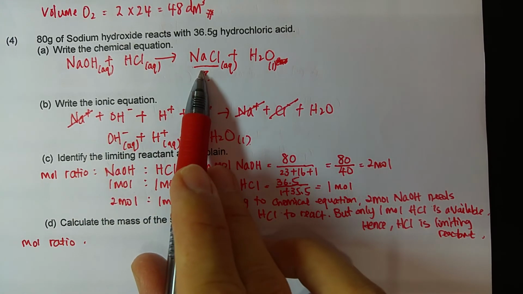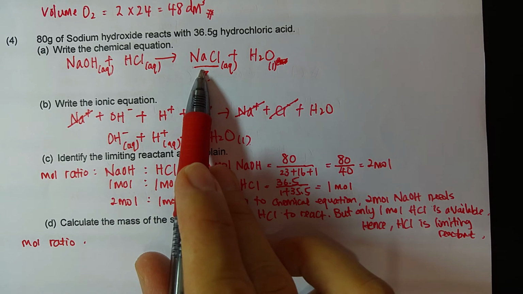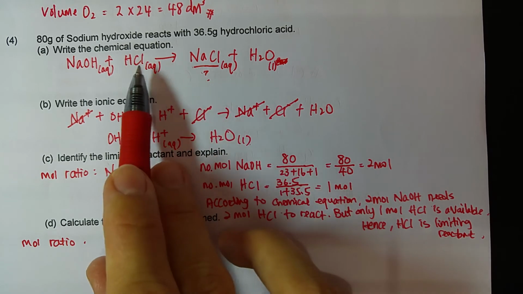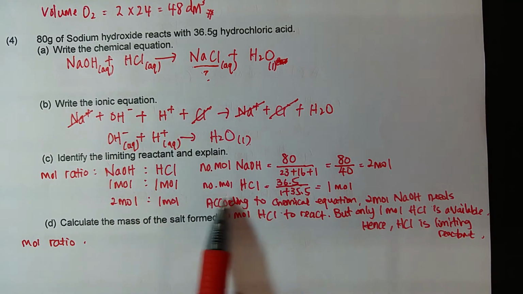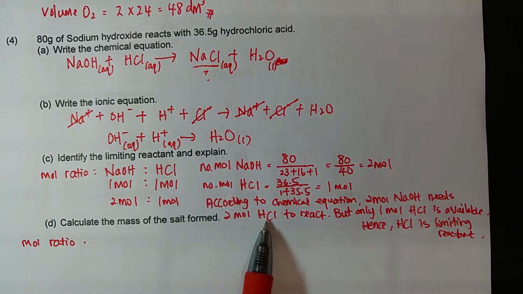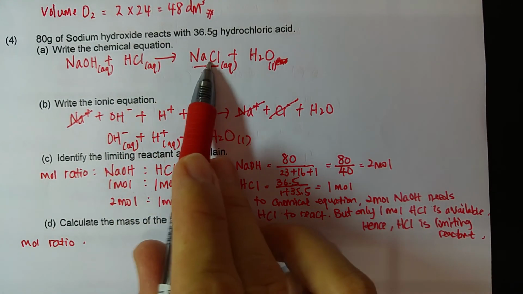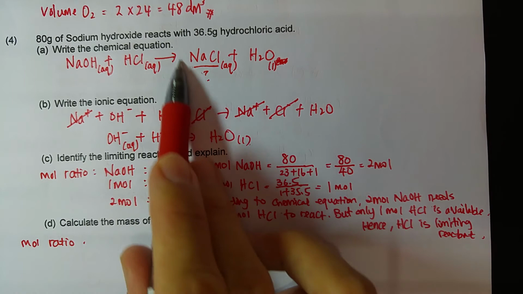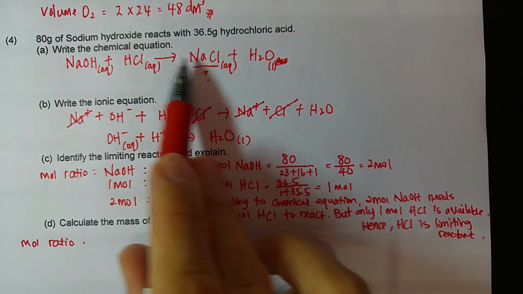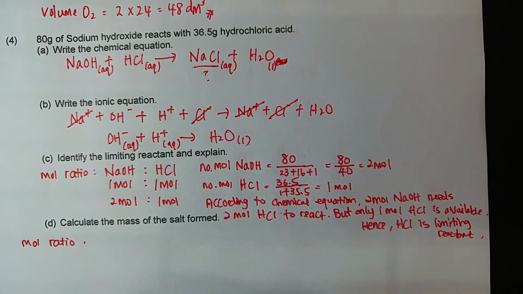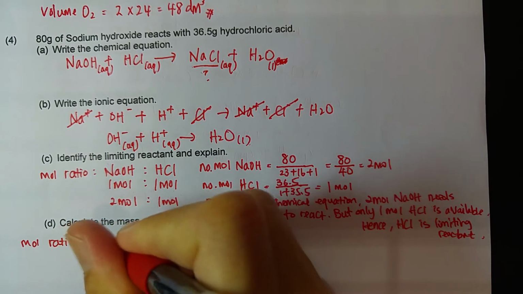Excess reactant has no bearing on the product, has no effect. The limiting reactant we found in part C is HCl. This is the product that we want to find, and the amount of product depends on the amount of limiting reactant, which is HCl.